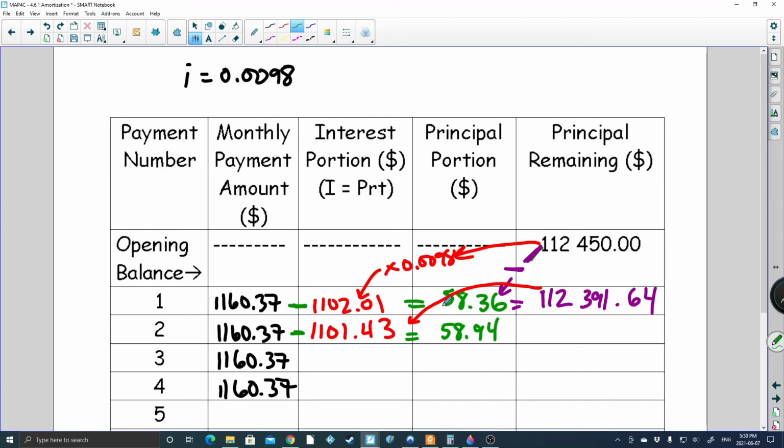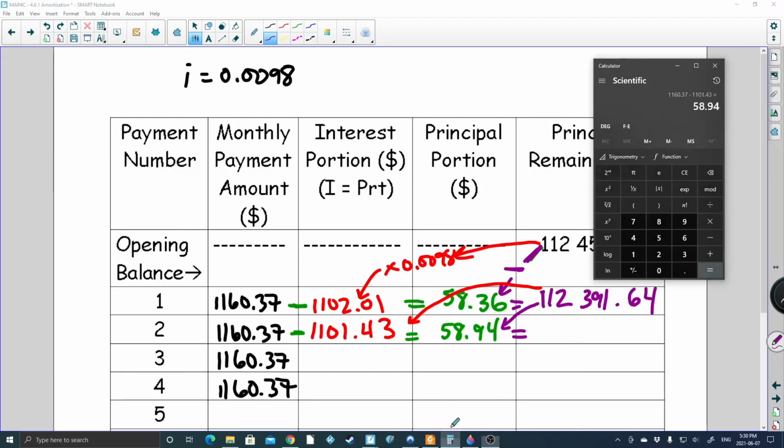And then the last thing we're going to do is subtract our principal minus that value to get our new principal value. So I'll do that on my calculator.